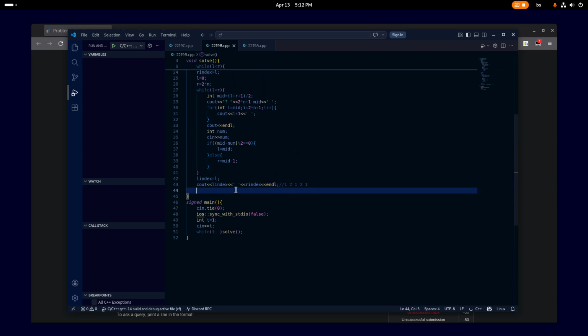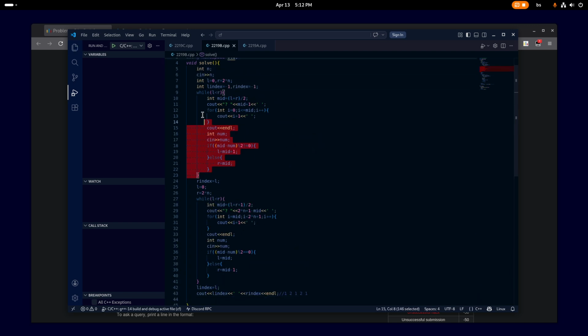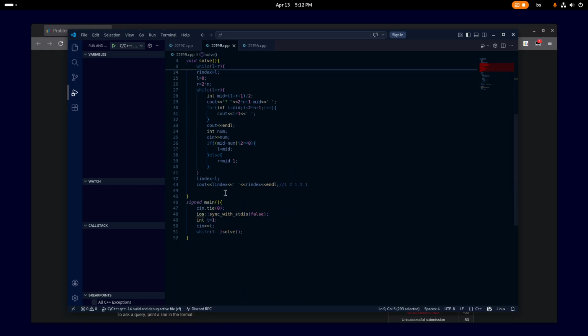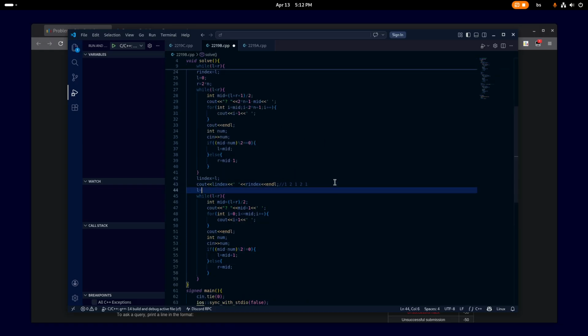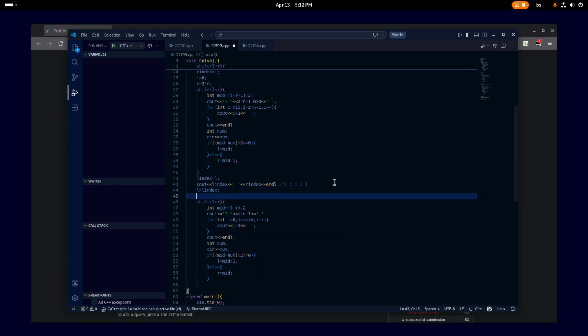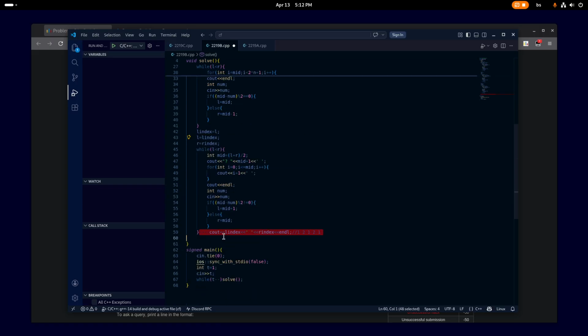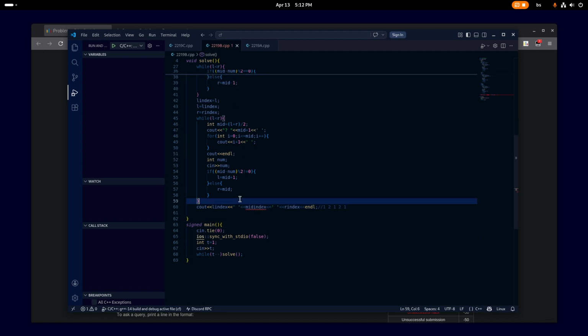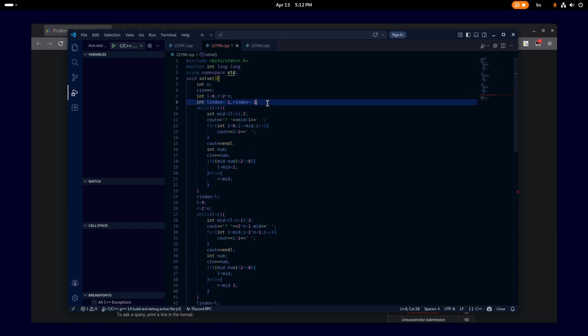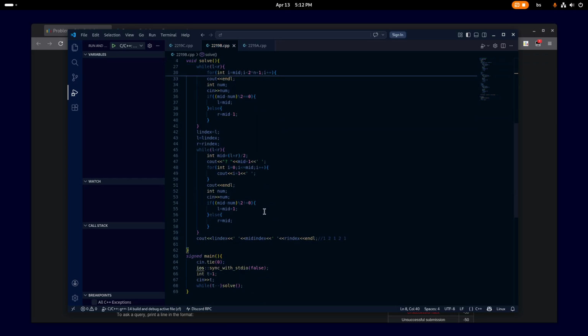So now I think I just copy this, but I put L as left index and R as right index. Yeah. Okay.